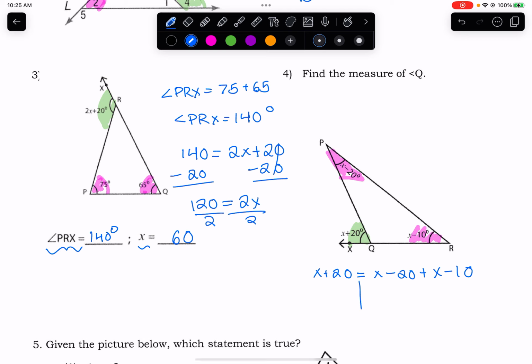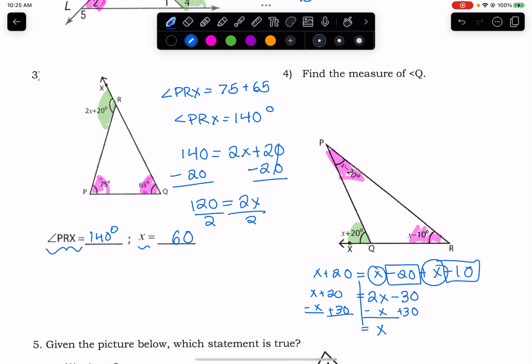I want to simplify on one side of the equal sign first, so I can combine the x's and my constant terms. Now I have 2x minus 30. Now I'm going to move across the equal sign. Going to do this 2 and 1 just to make it easier. So I get that x is equal to 50.